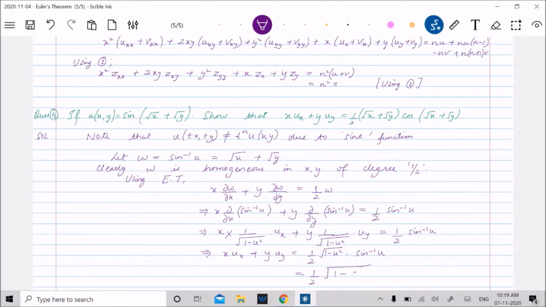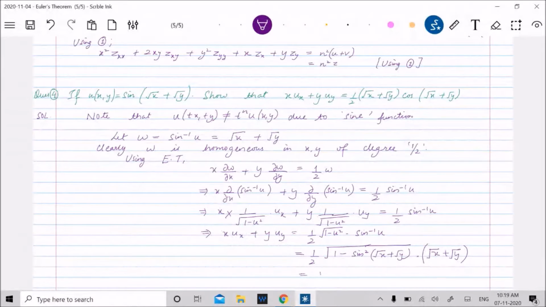We can put that value: 1 upon 2 under root 1 minus u square, and u square is actually sine square of root x plus root y. And sine inverse u is nothing but root x plus root y. And 1 minus sine square theta is cos square theta, and the square root of cos square theta is cos theta, so cos of root x plus root y times root x plus root y.